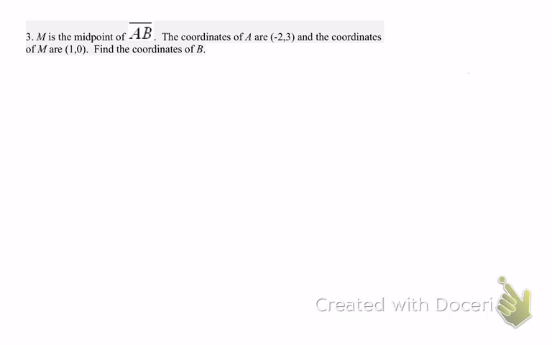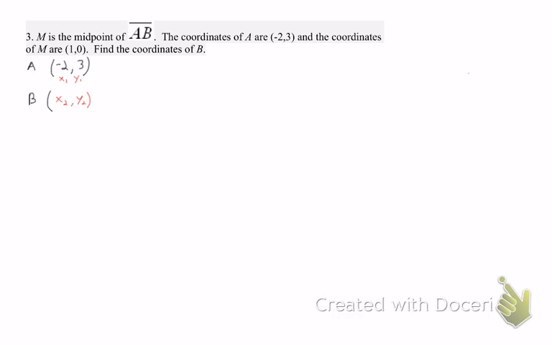Point A is at -2, 3, and we can label that as our x1 and our y1. Then we have our other endpoint, B, except we don't know what the coordinates are, so we'll label them as our x2 and our y2.